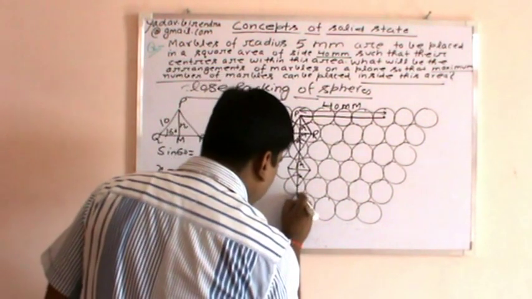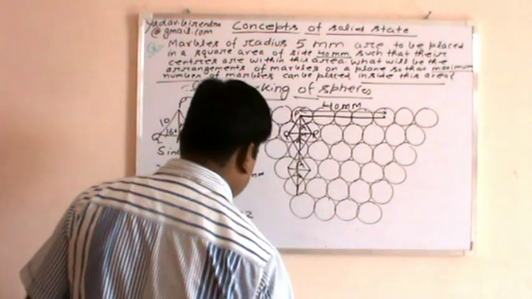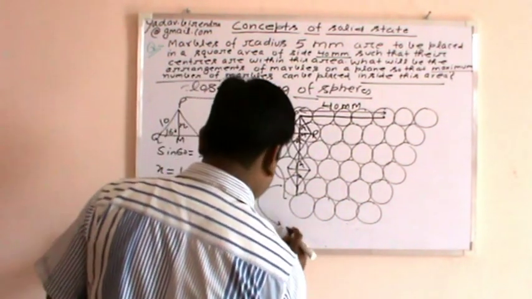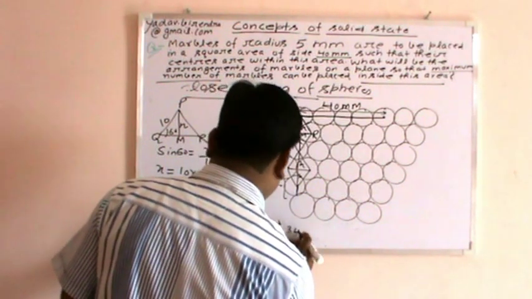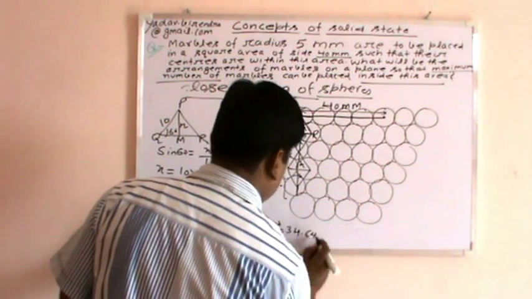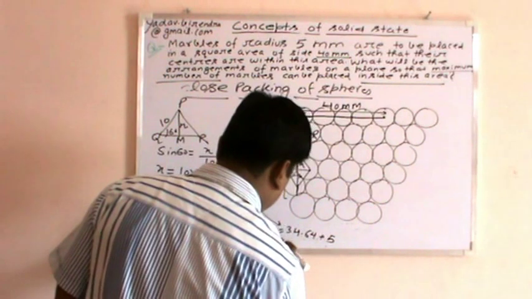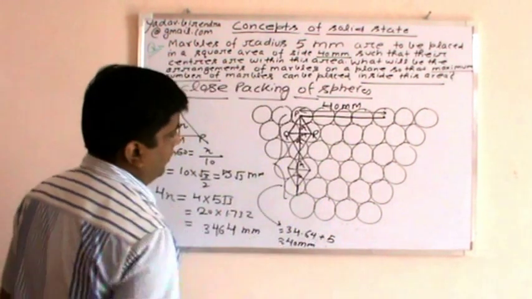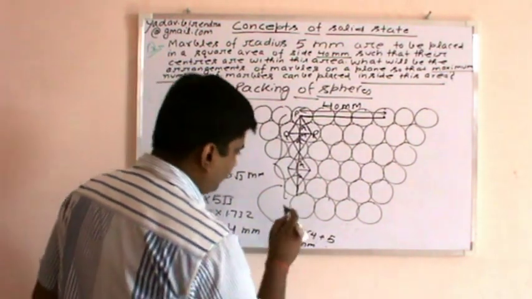If we add 5 millimeter more to this, the total length will become 34.64 plus 5, which is approximately 40 millimeters. So in this way we draw this side.